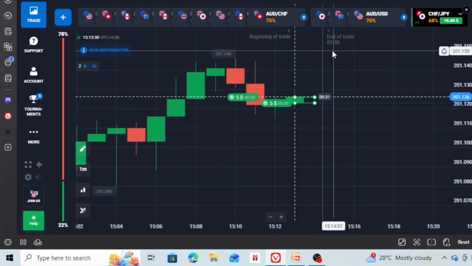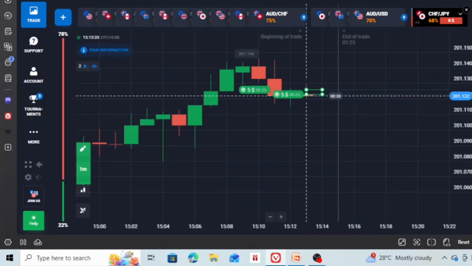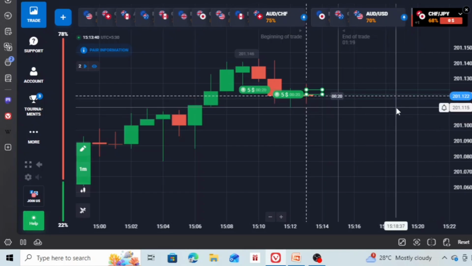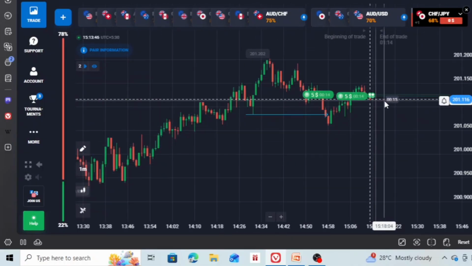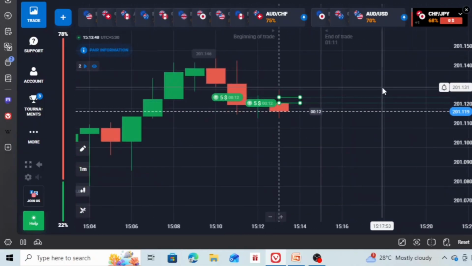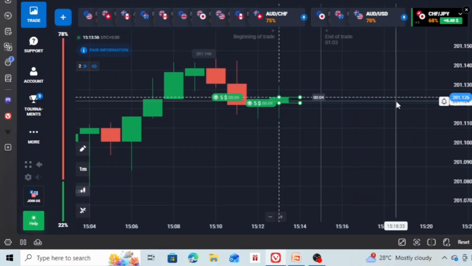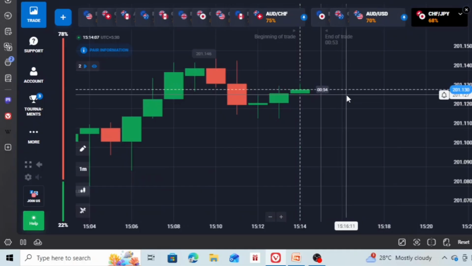Let us see if it goes in our favor or against us. We still have around 10 seconds. Okay, so this is the winning trade.